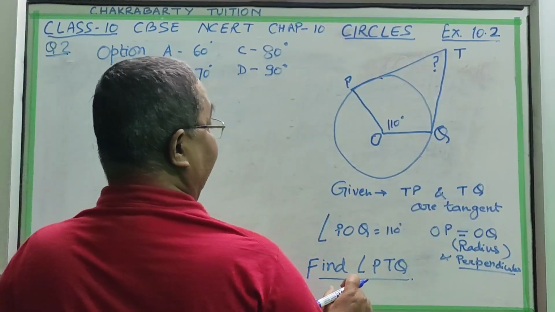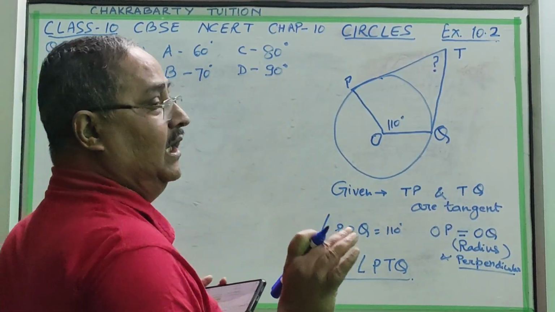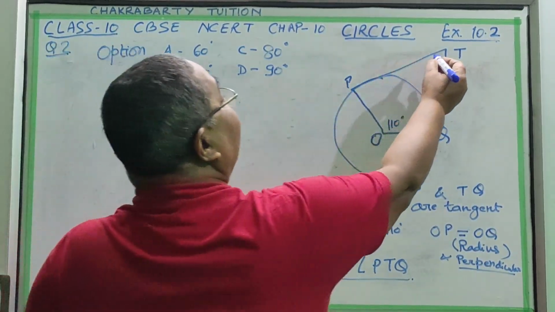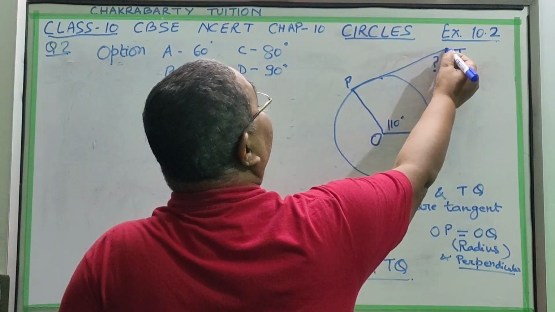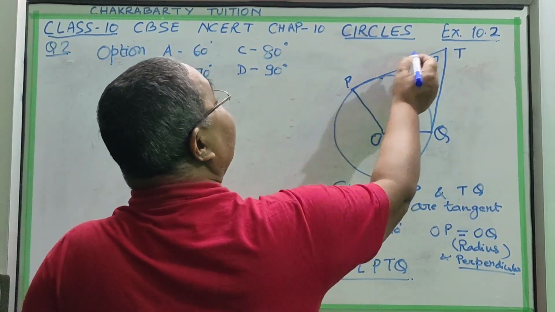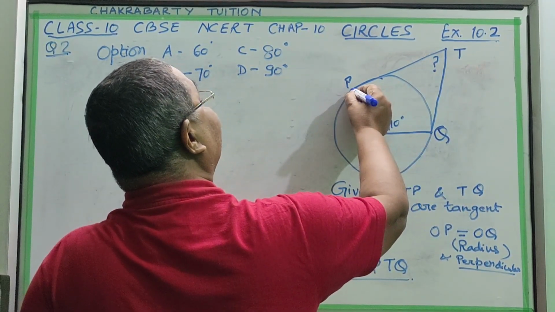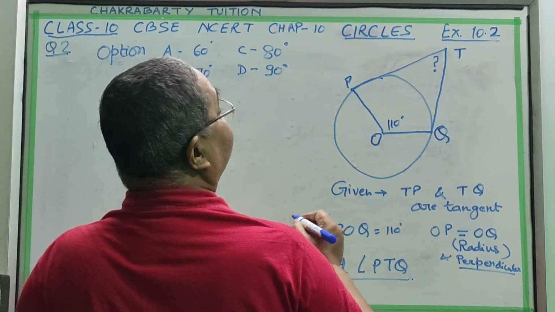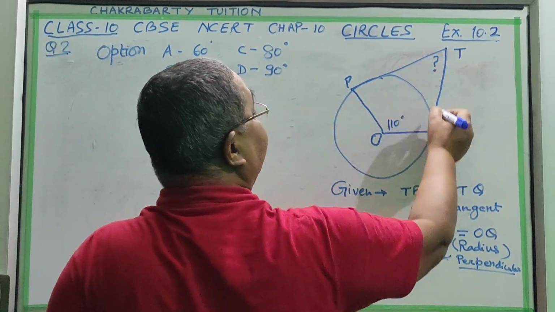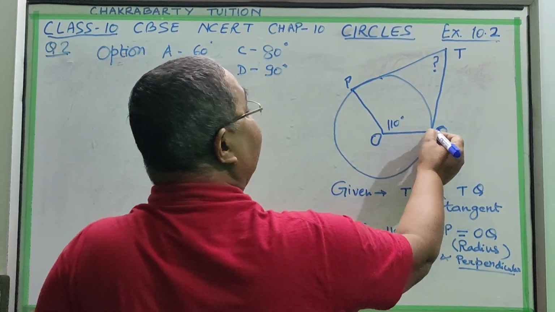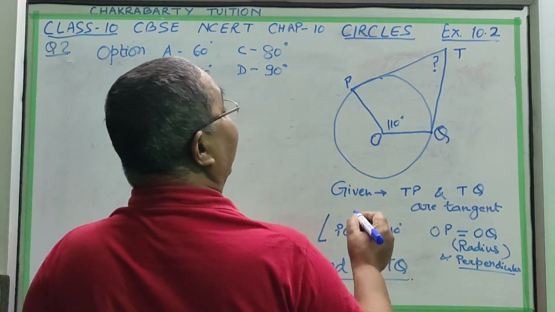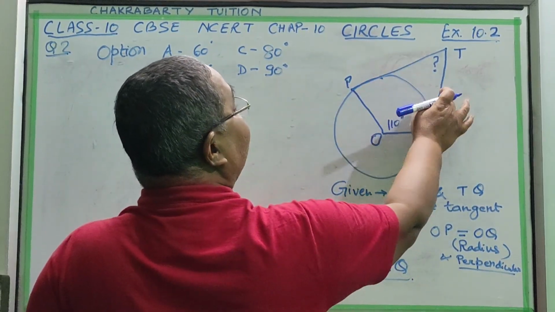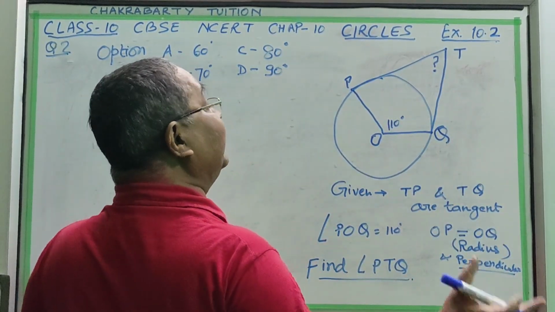Here you keep in mind that when from an outside point, if any tangent touches a circle at a point of contact, and from the same point, if it touches another point of contact, so these two tangents will always be equal.